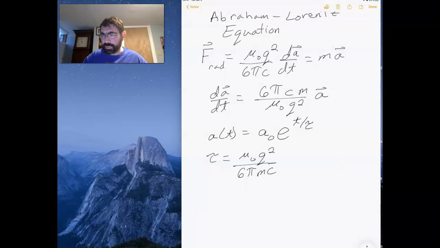So for an electron, what you get is a time constant of 6 times 10 to the minus 24 seconds.